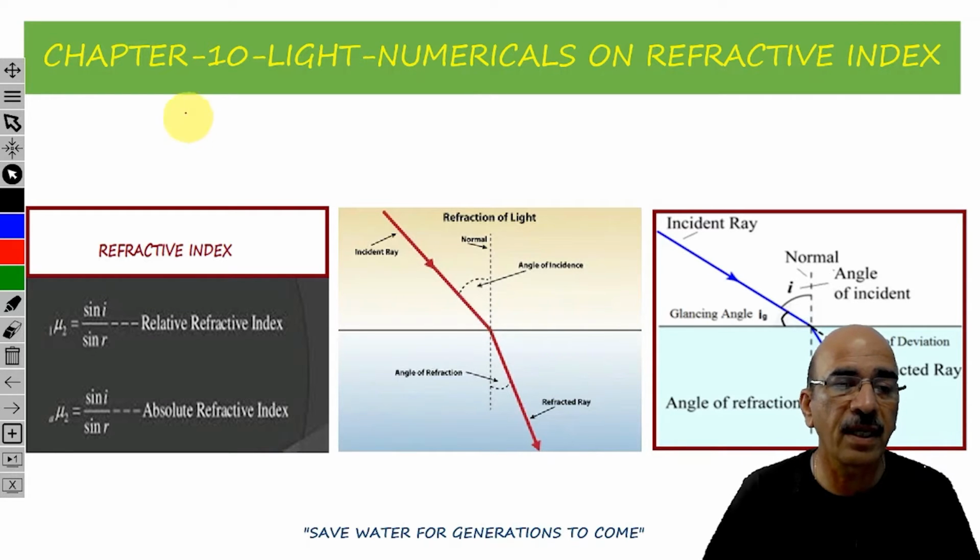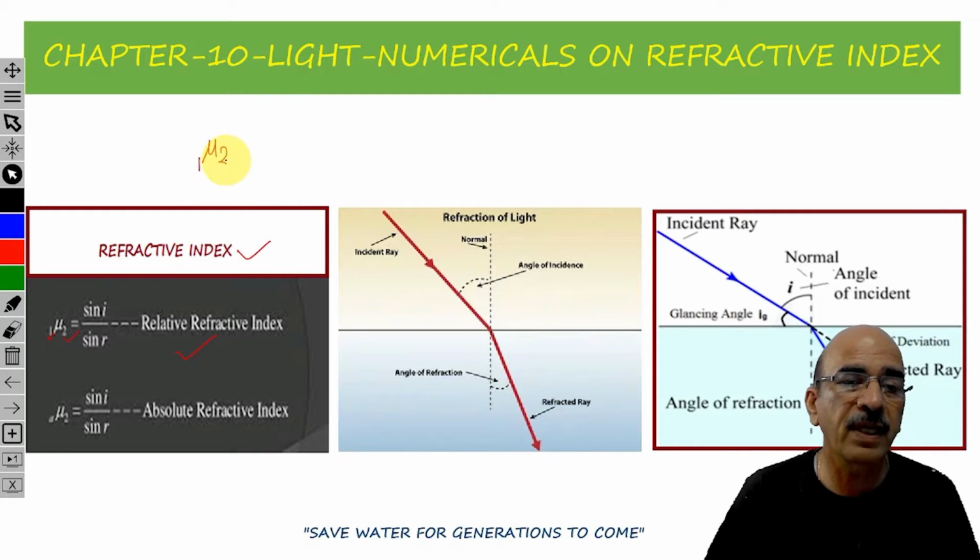So if you see here, refractive index, it is of how many types? 2 types. Number one is relative refractive index. Here it is medium 2, and here it is medium 1.